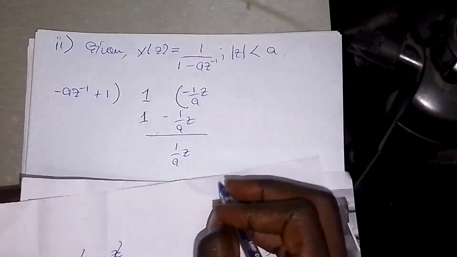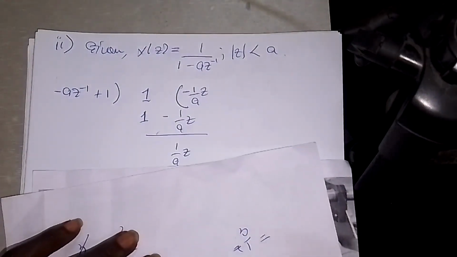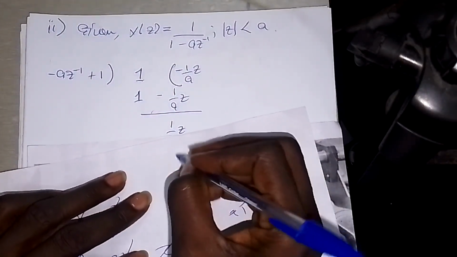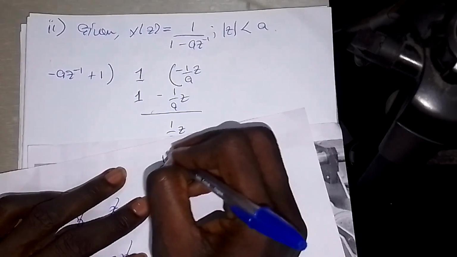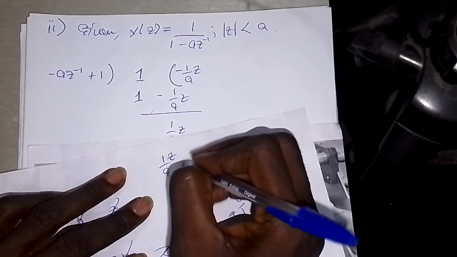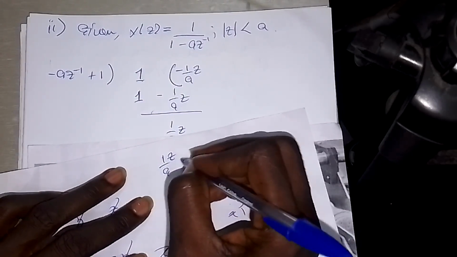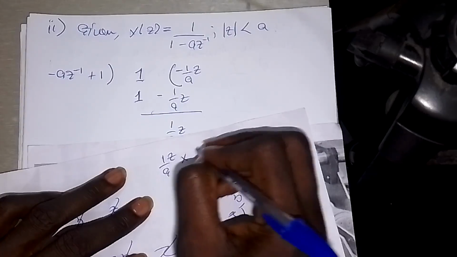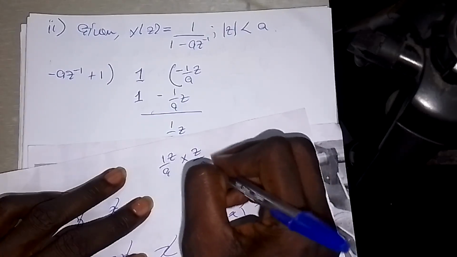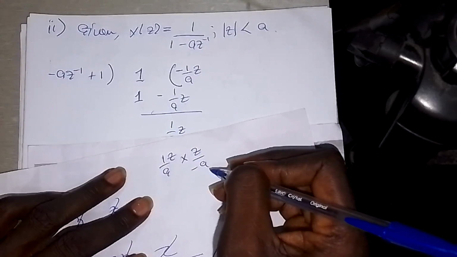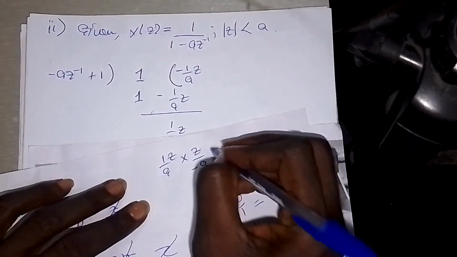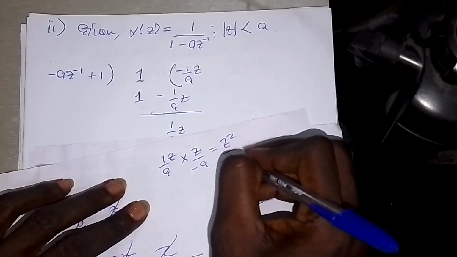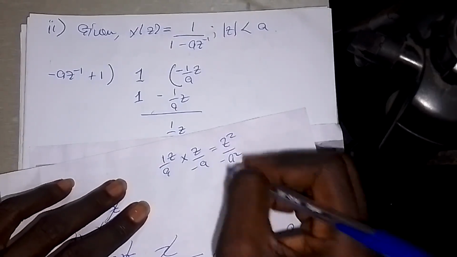So now I have 1 over a z, divided by, or times, z over minus a. What will I get? I'll get z squared over minus a squared.